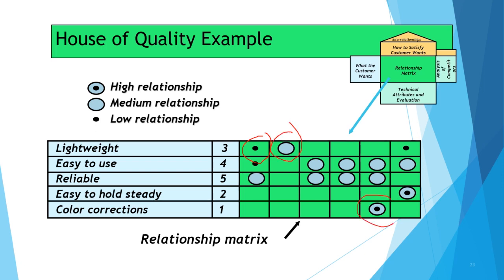So here, the one with the black dot is low relationship, given the value 1. The second one is medium relationship, given the value 3, and high relationship is given the value 5. So that means 1, 3, 5 are the values we mentioned.